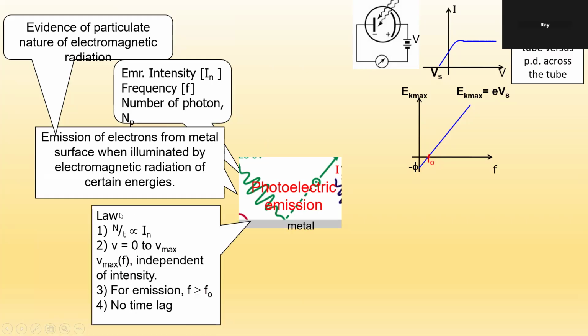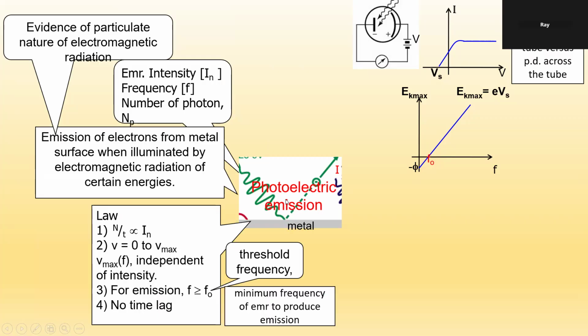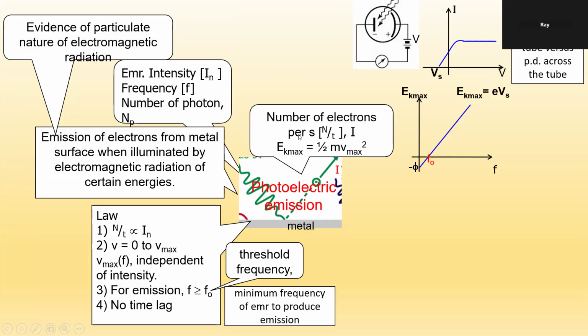These are observations. F naught is the threshold frequency, the minimum frequency of electromagnetic radiation to produce emission with electrons emitted with zero velocity. The number of electrons emitted is measured as a current.